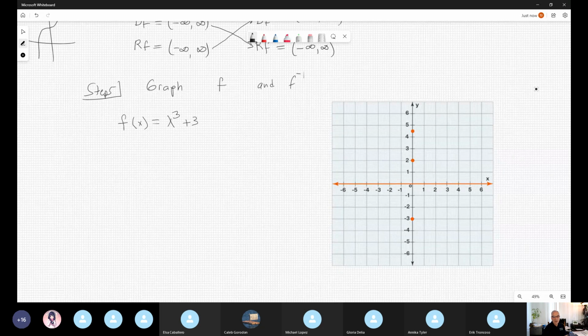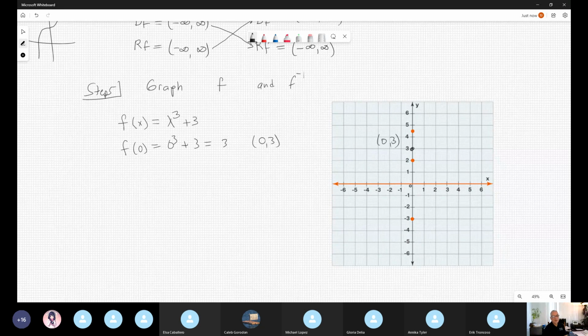So I need at least 3 points. The famous point 0,3 is the y-intercept, because when you suppose x is 0, 0 cubed plus 3 is 3. Therefore, the point is 0,3.